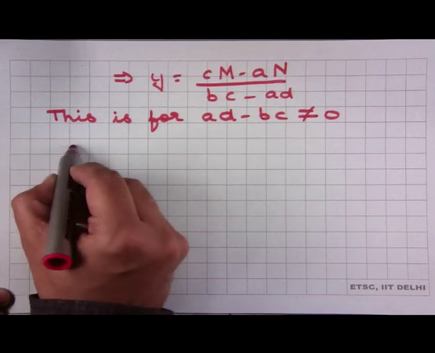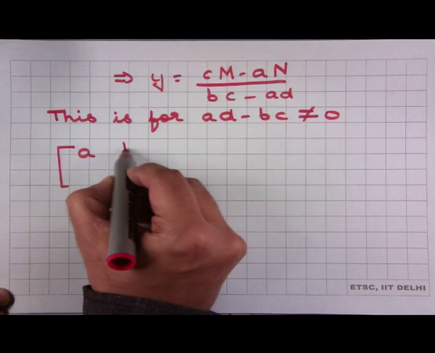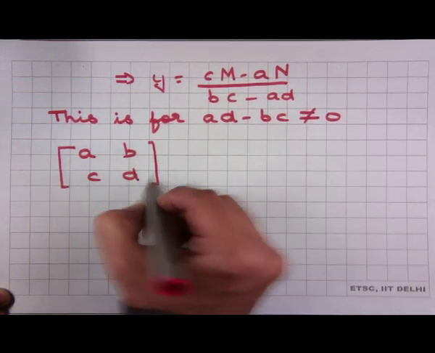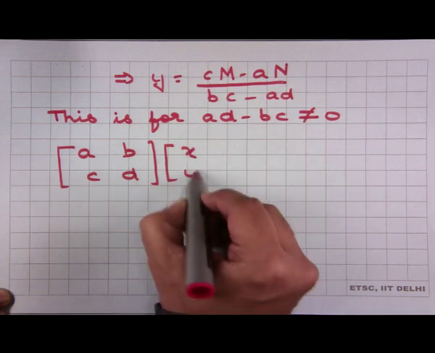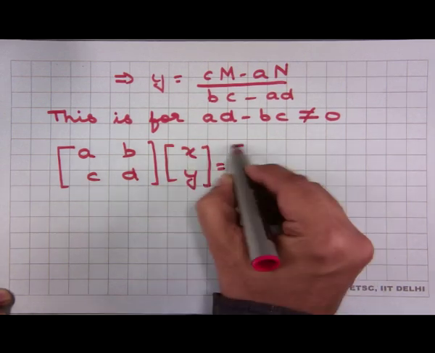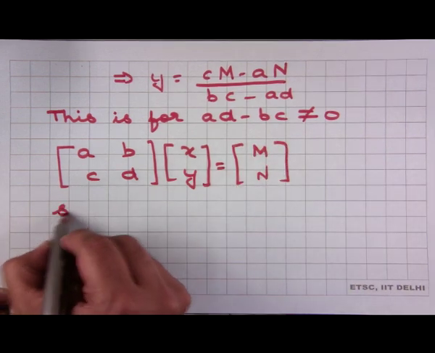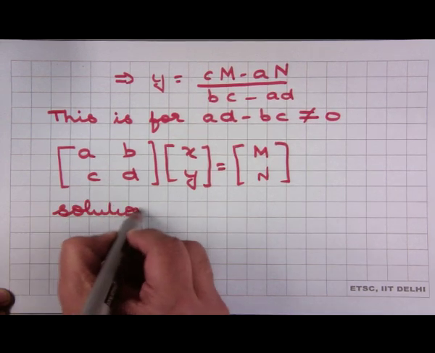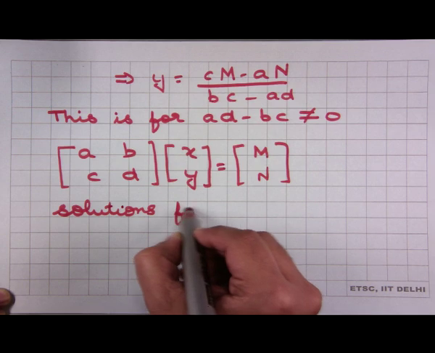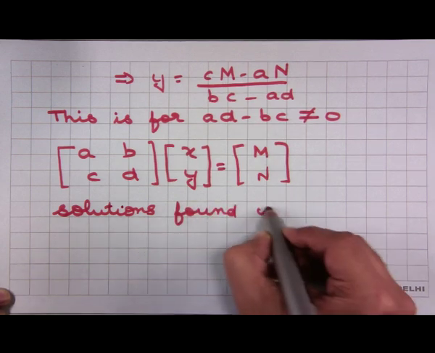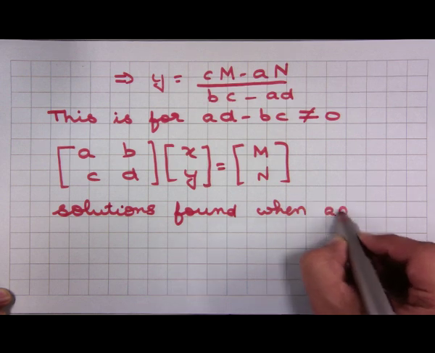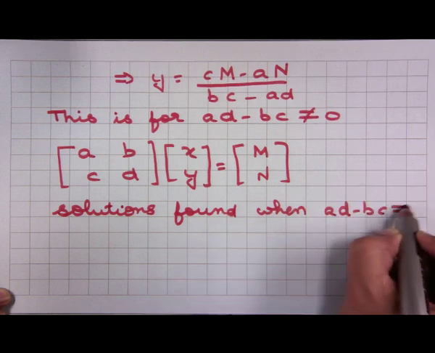And what we want to say again, going back, is that if we have a matrix A B C D, a 2 by 2 square matrix, then solutions are found when AD minus BC is not 0.